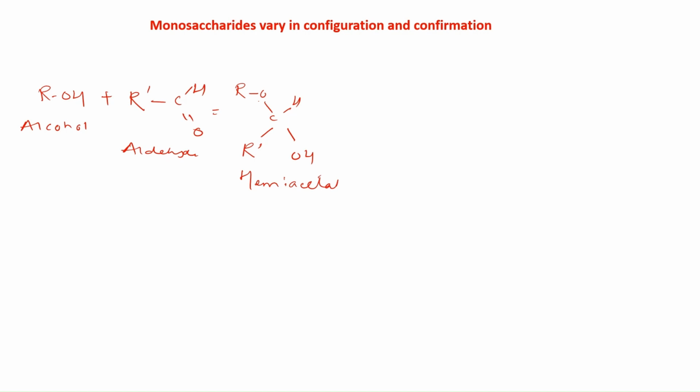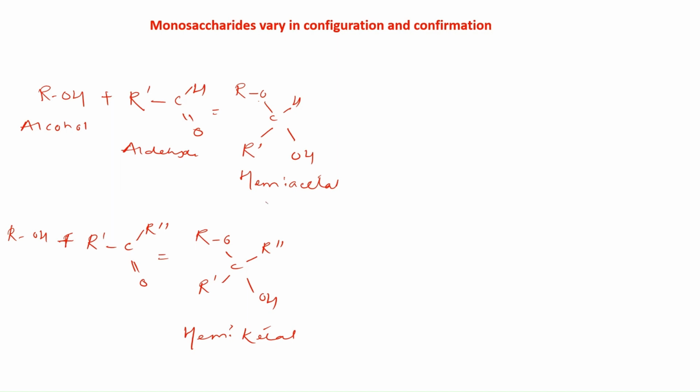Similarly, when alcohol reacts with a ketone, it forms hemiketal. Alcohol when reacts with an aldehyde, it forms hemiacetal. Alcohol when reacts with a ketone, it forms hemiketal.